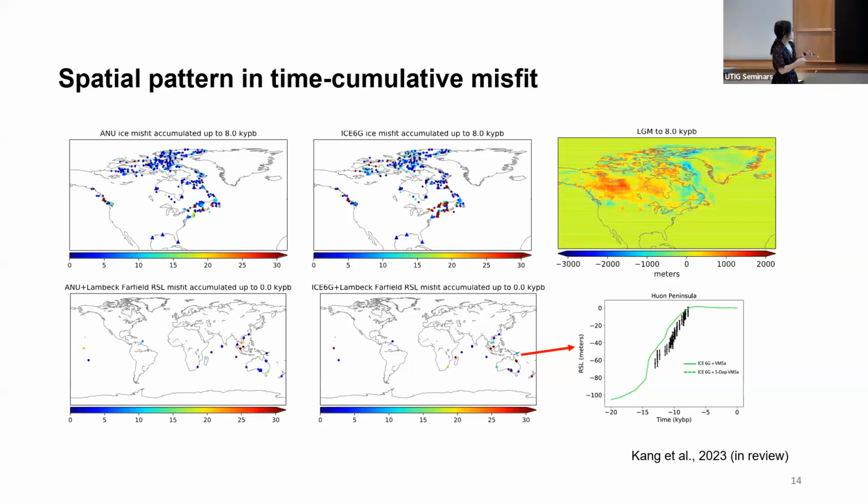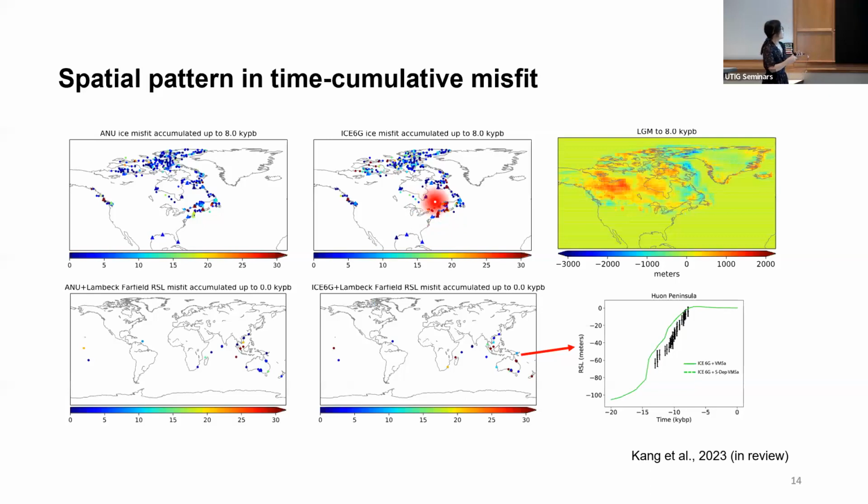Okay, this is the problem we found. If we have our preferred Earth model, and then we go back to say, okay, we have this overall good Earth model that can fit those relative sea level data, but there are still some regions where the ice model cannot work very well.